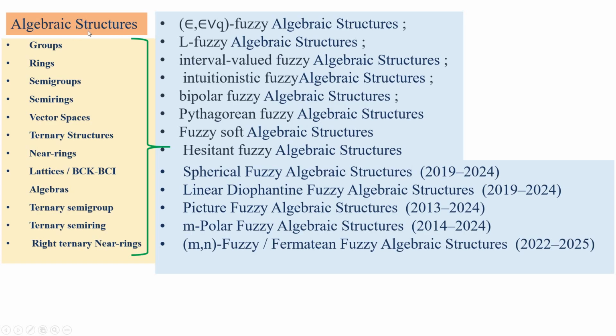So these are some of the algebraic structures that are known to you: groups, semigroups, semirings, vector spaces, ternary structures like ternary semigroups, semirings, and near rings, and here lattices, then BCK-BCI algebras, right ternary near rings, and so on.